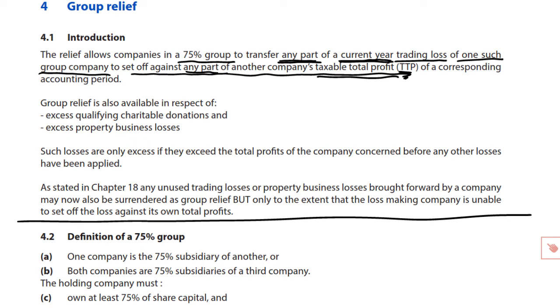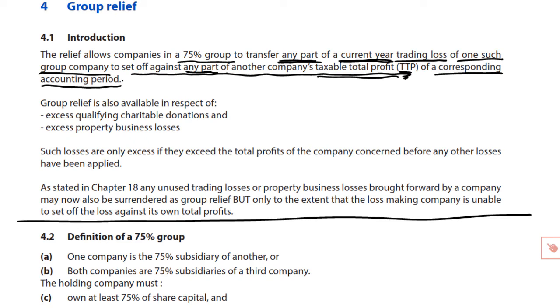Any part of a current period trading loss may be set against any part of the TTP of the claimant companies, the profit-making companies, of what we'll discover is a corresponding accounting period. Now, routinely you'd expect that companies within the same 75% group will all prepare accounts to the same date. So of course it would be a corresponding accounting period, comparing the profit of one period with the loss of another.